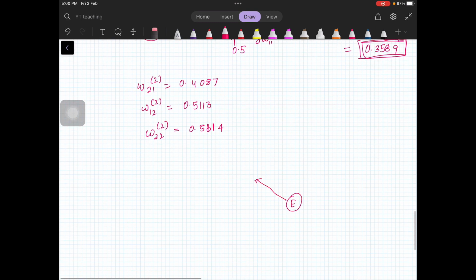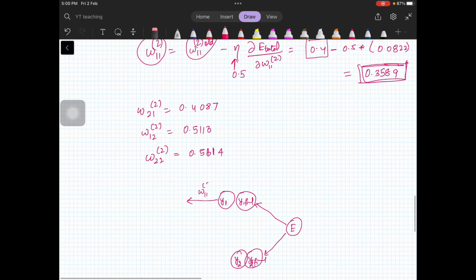Error was depending on this y1 final. Let me write it like this so that we have it more clearly. Y2 final here and y2 here, and then we have y1 final here, and we had y1 here, and this was connected to the weight w11, right? W11 to, right?